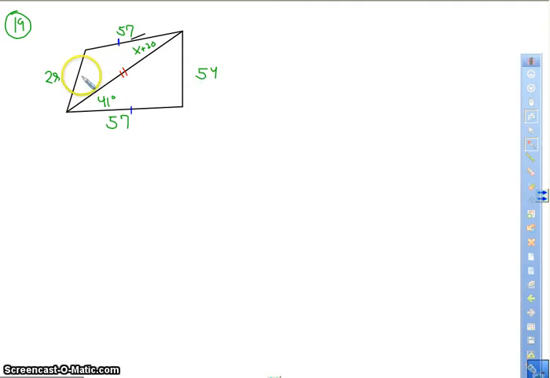And then I can say because 54, its opposite angle is 41 degrees, and 54 is greater than 28, its opposite angle is x plus 20 degrees, that 41 has to be greater than x plus 20. That's just because the opposite side is larger. So 54 is larger than 28, therefore 41 is larger than x plus 20.